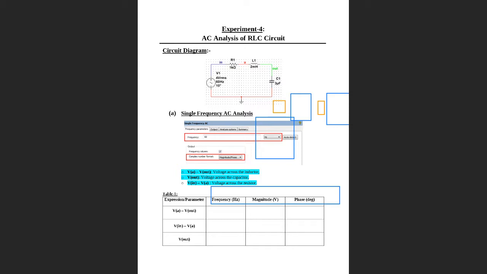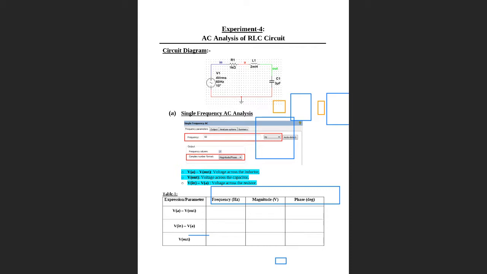So let us change this: the frequency I should use is 60. And we should select the frequency column checkbox. The complex number format is magnitude or phase, so change this to magnitude and phase. Okay, this is the first one.